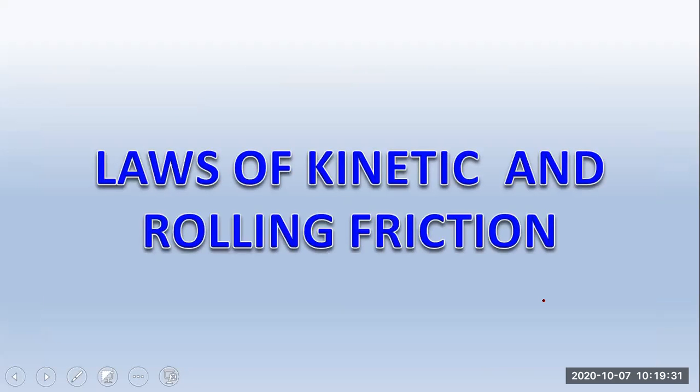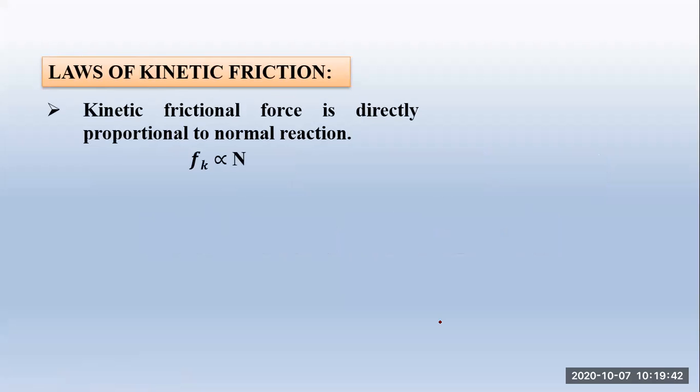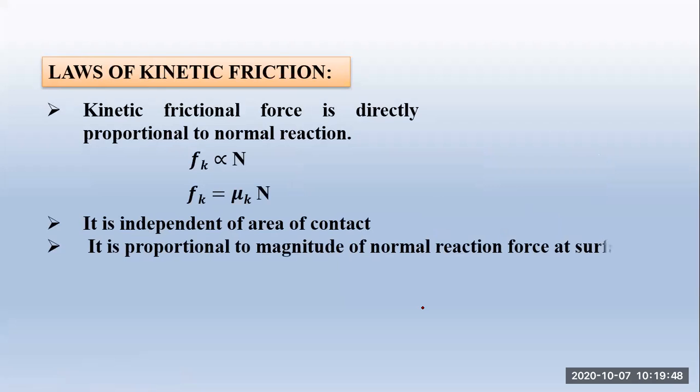Okay, law of kinetic friction and rolling friction. For kinetic friction, the kinetic friction force is directly proportional to normal reaction, same as static friction. You can write Fk equal to mu k into N. It is independent of area of contact. It is proportional to the magnitude of normal force at the surface.